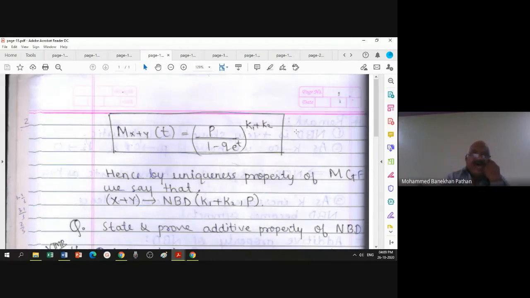So if you have such an MGF for any variable, then this MGF is only and only for the negative binomial distribution.